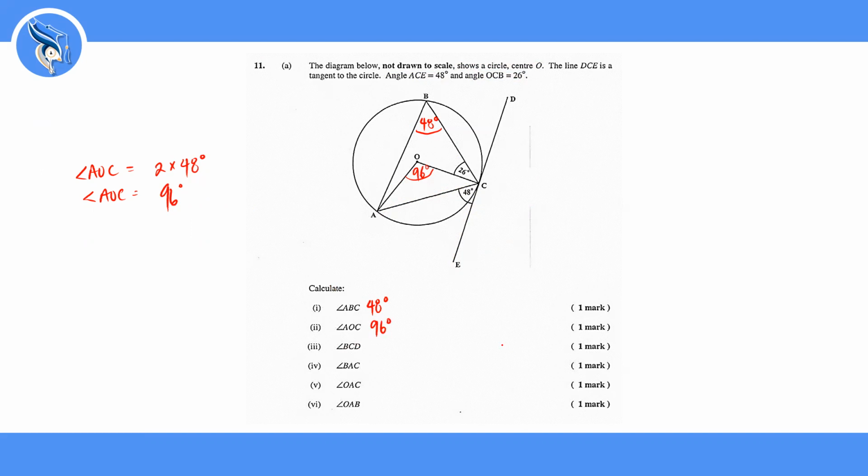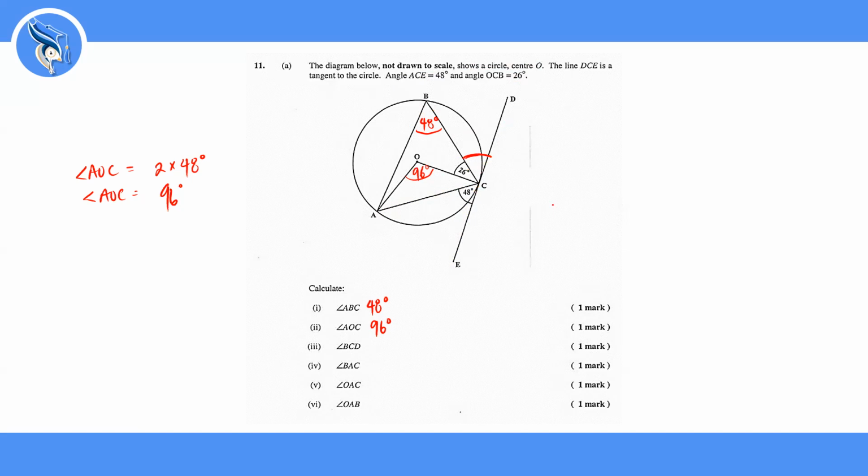Now, if we look for BCD, the angle right here, that's what we're looking for. We have another angle in the alternate segment, but how are we going to get the answer for this one?